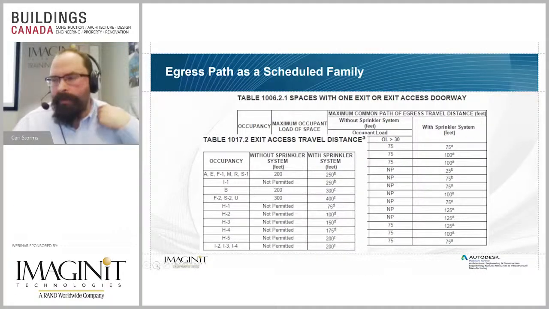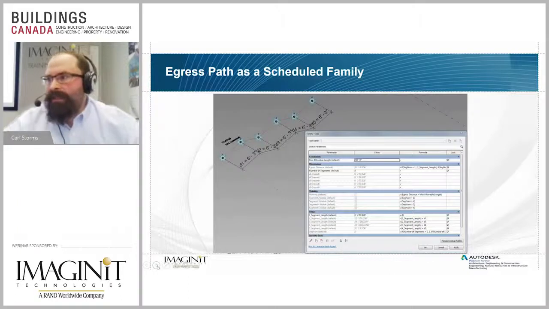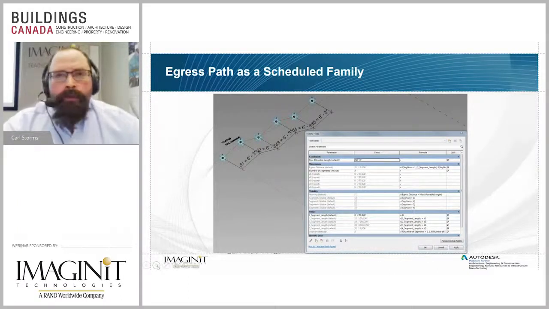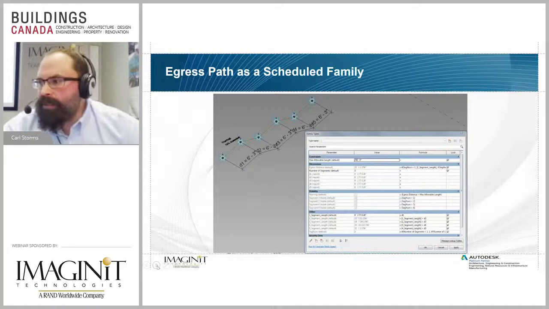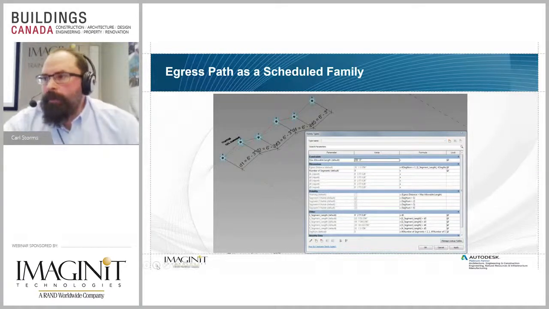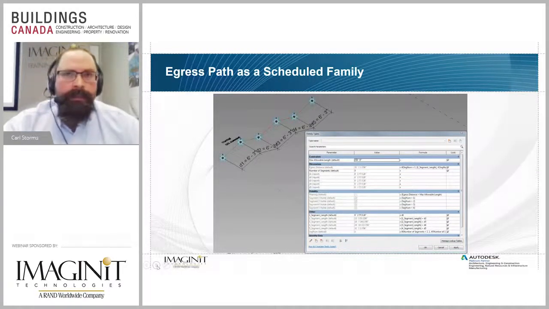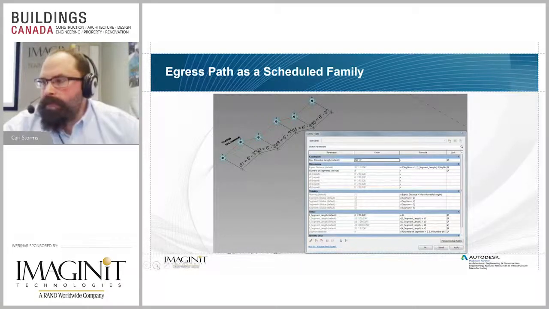So we're taking a look at what we have inside of our paths, what all this information is. So we take that information and we create a model, or a model element in this case, our adaptive component, and it reads that information that we had from that schedule. So you can see from here, we've got this basically 6-piece egress path adaptive component that we can put inside of our model.